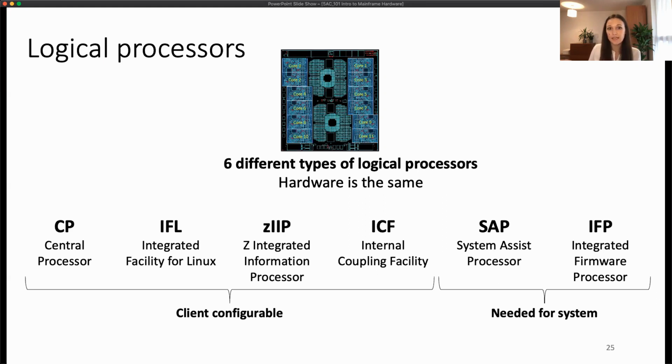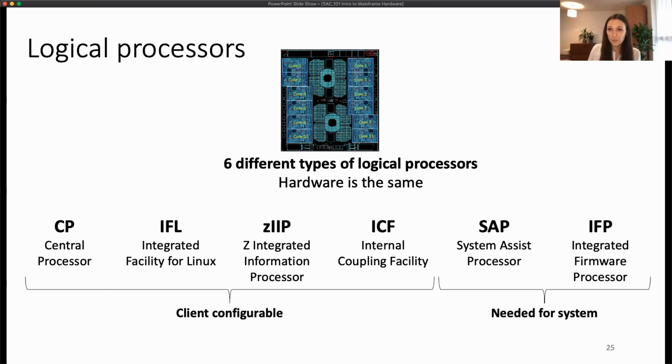So we have the SAP, which is the System Assist Processor. And the SAP helps link between the CP and the I/O. So instead of the main processor having to worry about shuffling the data back and forth and all of the I/O processing, the SAP handles all of that, and this can really speed things up a lot.